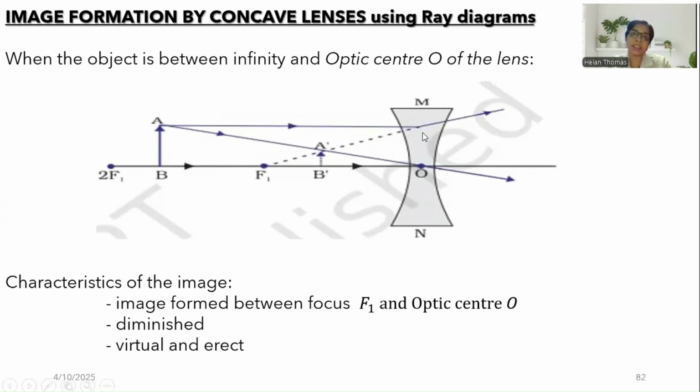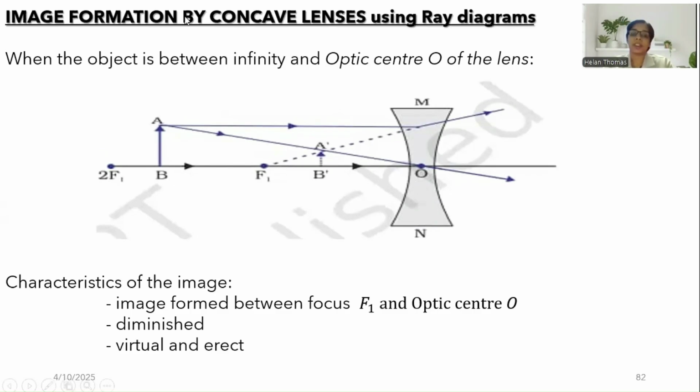So if you extend this diverging ray, these two rays will meet at this particular point where you have your B prime, A prime, and see it is a virtual and erect image. It is formed in between the focus and the optic center. It's a small image, right? So it's a diminished or small image. It's a virtual and erect image. Remember, concave lenses will only give you virtual and erect images.